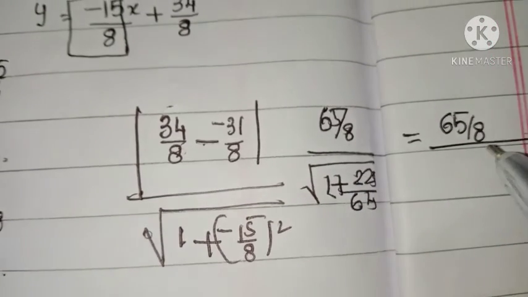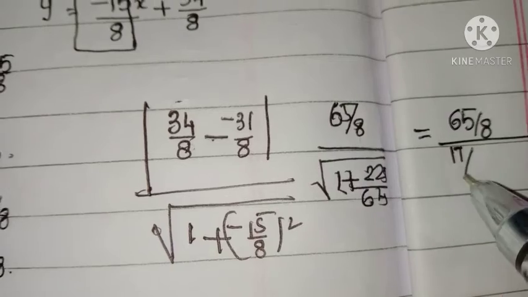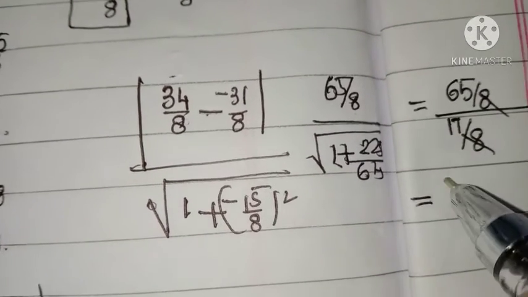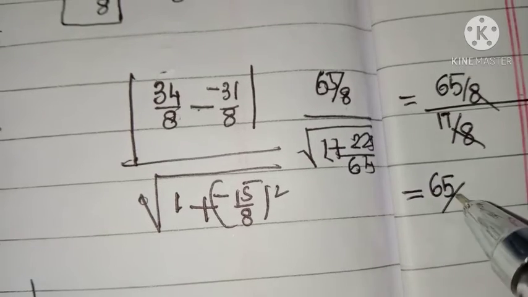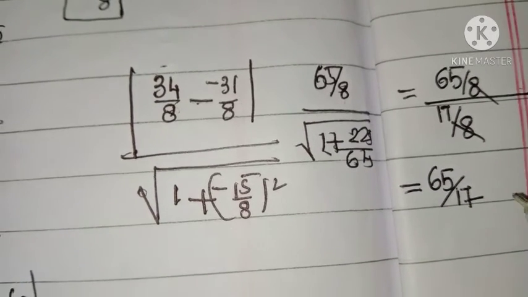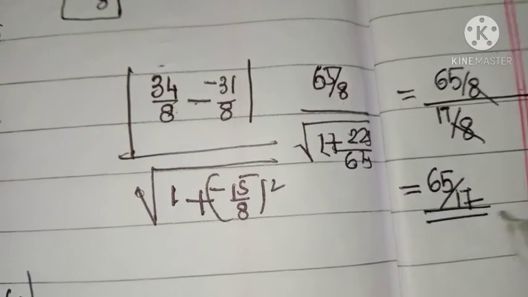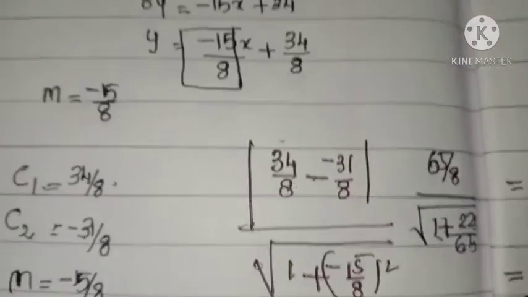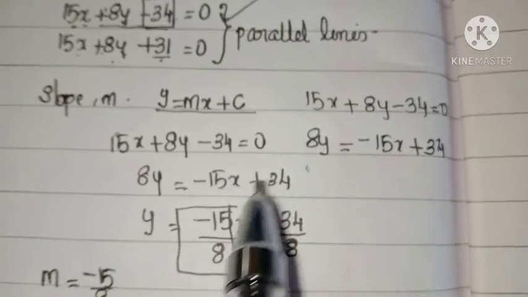Root of 289 is 17. So 17 by 8. Here we can cancel this 8 and therefore the distance becomes 65 by 17. Okay, 65 by 17. So this is the distance between the given two parallel lines.